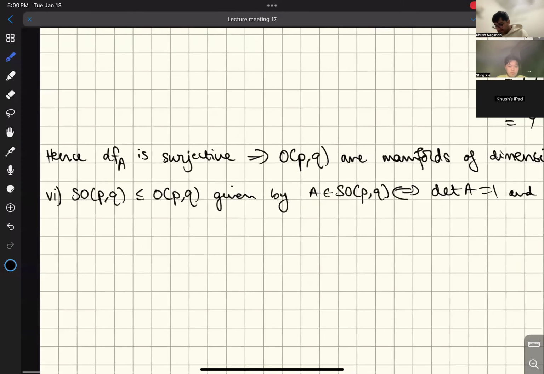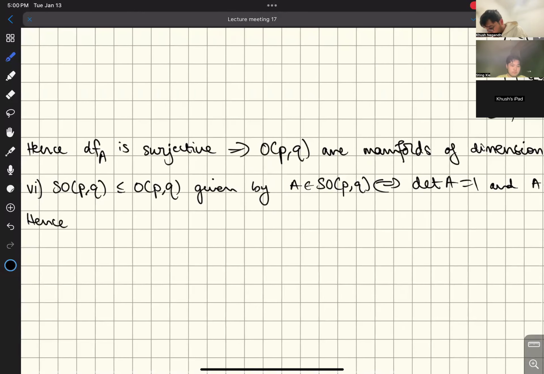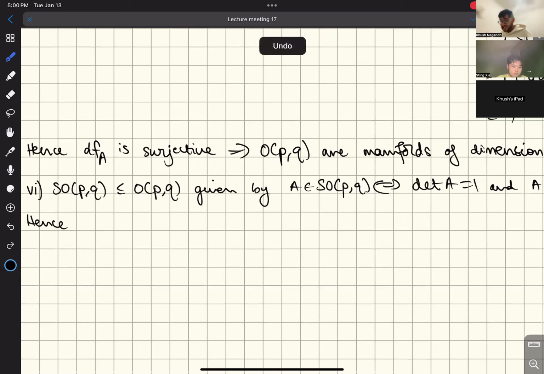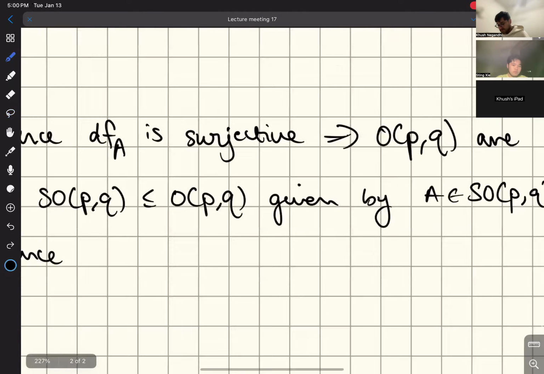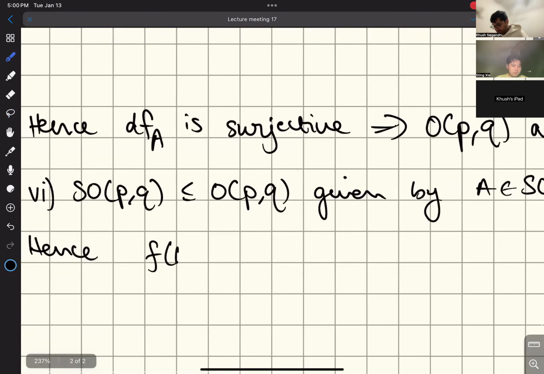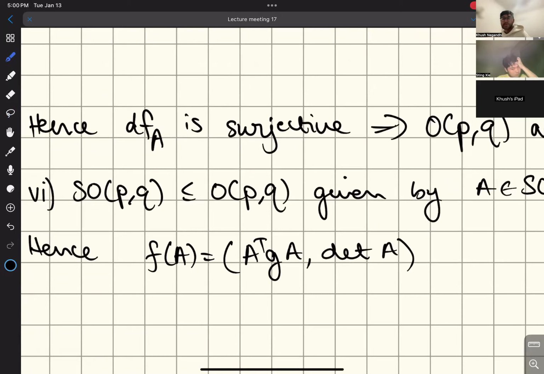What this tells us immediately, firstly, is that this is a manifold. And the way you can prove this is you can look at f of A given by A transpose GA and the determinant. And we showed that each of these are submersions.